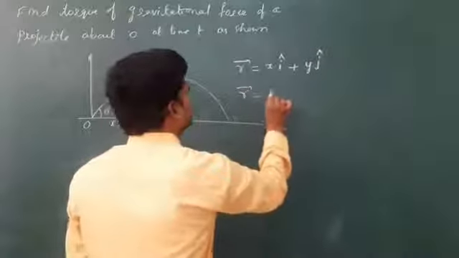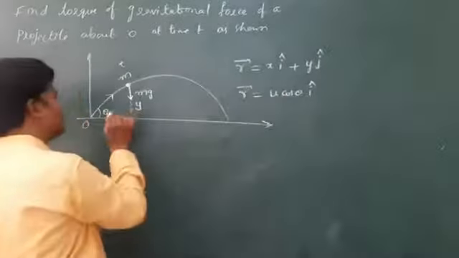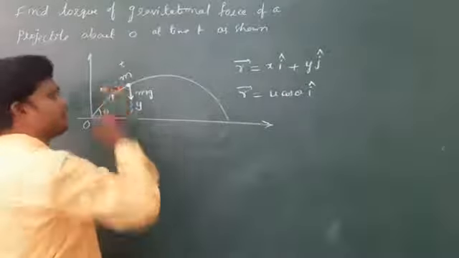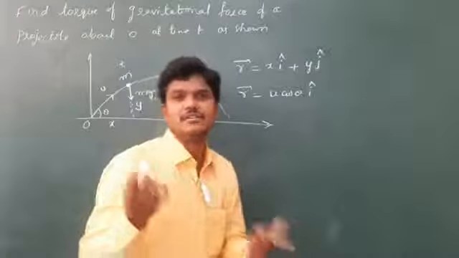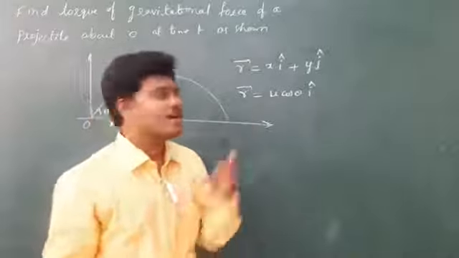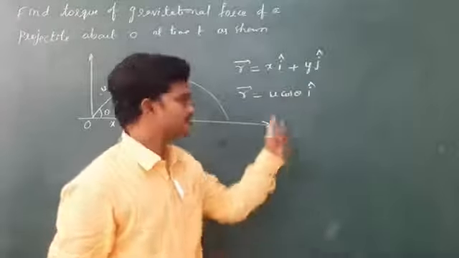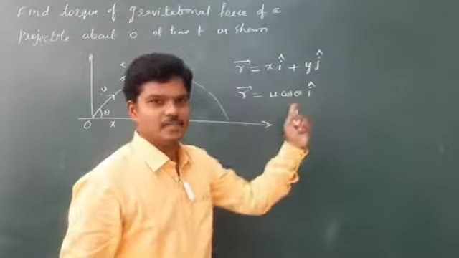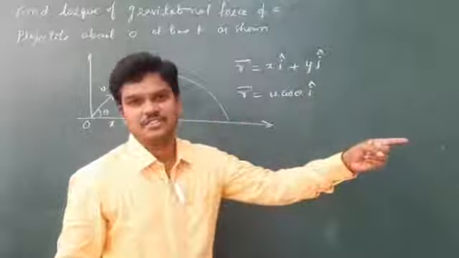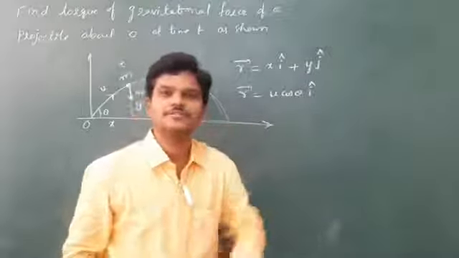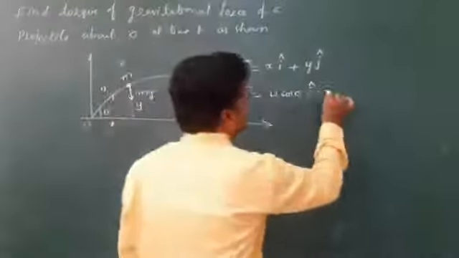So x is nothing but u cos theta into i cap, if it is projected with a speed u at angle theta. Along the horizontal direction, acceleration is 0. I am using x equals ut plus half at square. Sorry, x equals ut plus half at square, where u is nothing but the horizontal velocity and a along the horizontal direction of projectile motion is 0. So u cos theta t i cap.